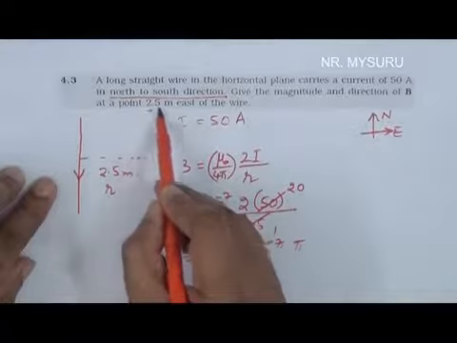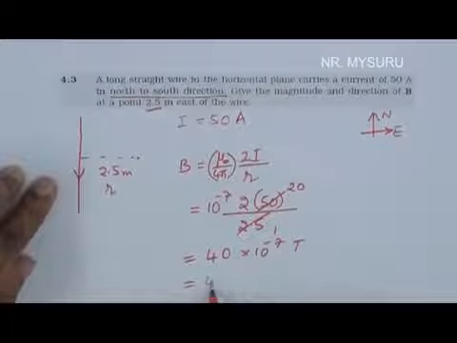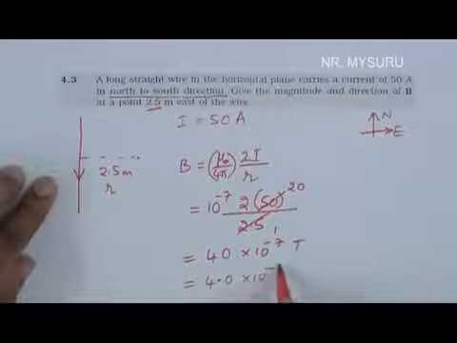Since two significant figures are used, it is 4.0 × 10 power minus 6 Tesla.